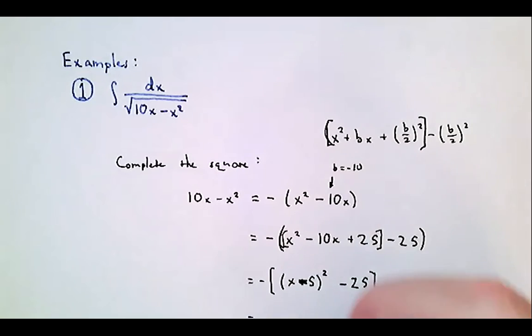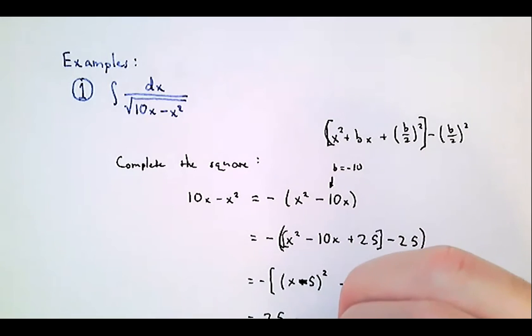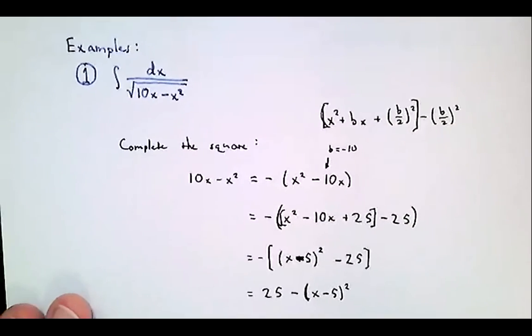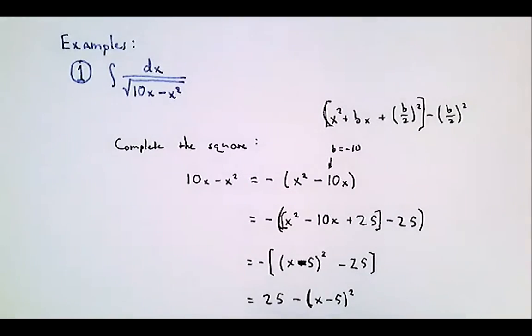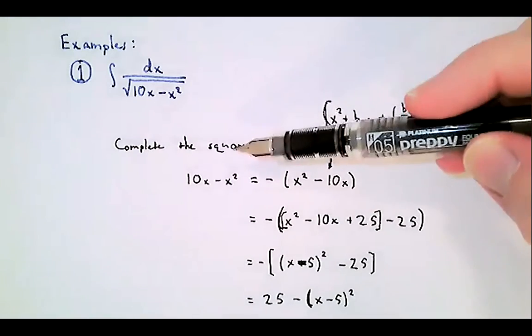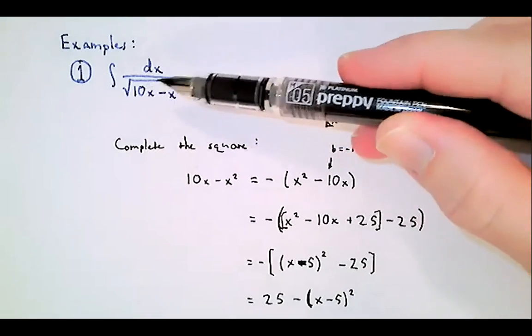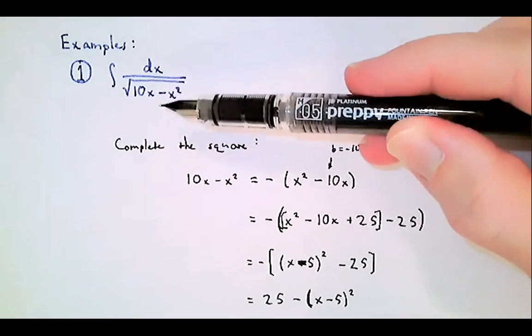So we have two minus signs on 25, and then the minus sign goes with the square here. X minus 5 squared. So this here is how we complete the square for what's underneath the square root there.